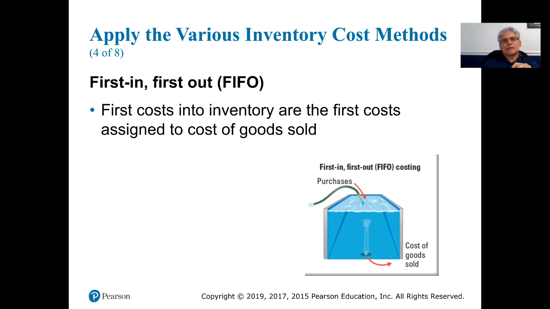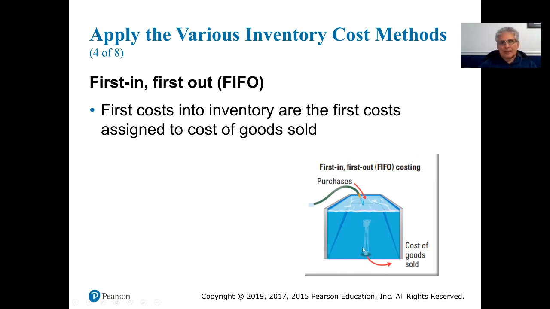The third method we're going to talk about is referred to as the FIFO method. And the FIFO method is first in, first out. So if we take the liquid example again, we're going to put the drain or the pipe out at the bottom.